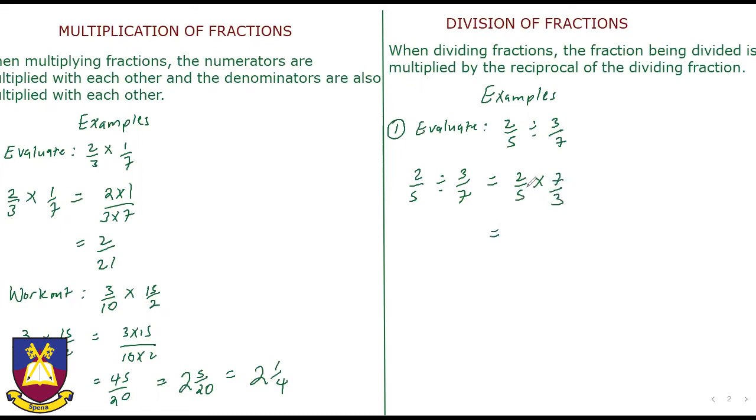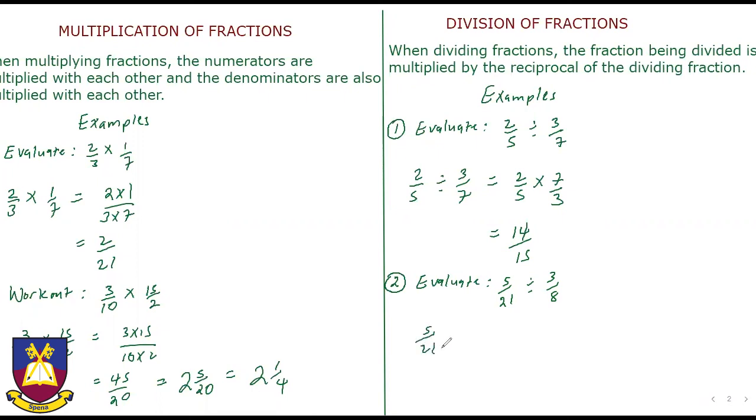And we know how to multiply fractions now. Multiply the numerators. 2 times 7 is 14 out of 5 times 3 is 15. So when we divide 2 over 5 by 3 over 7, we get 14 over 15. Evaluate 5 over 21 divided by 3 over 8.